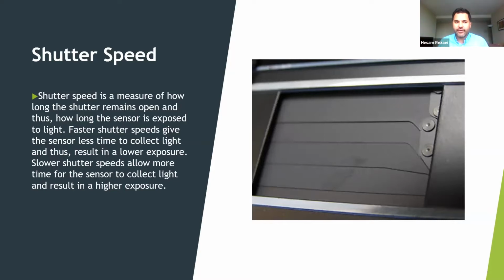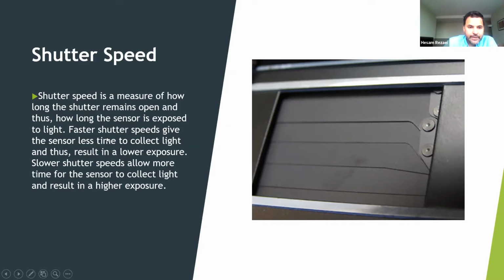So when we are talking about shutter speed, it's about the exposure time. Shutter speed, exposure time. This is very important. Faster shutter speed gives the sensor less time. When we talk about a fast shutter speed, it means that we open and close it fast, so there is not much time for light, or for the people in the room, to get out or come inside.